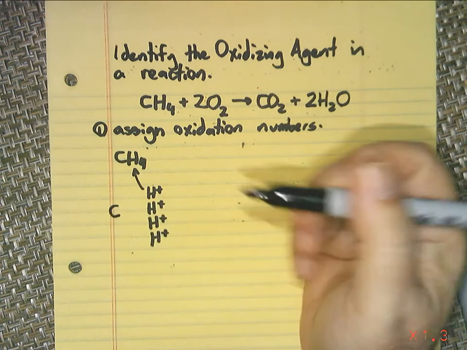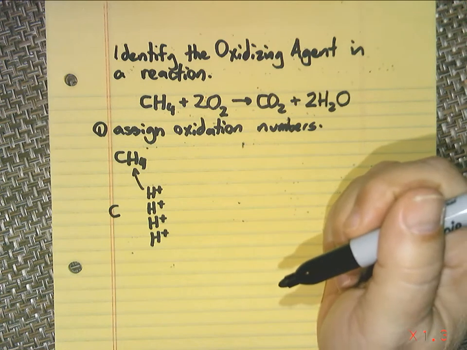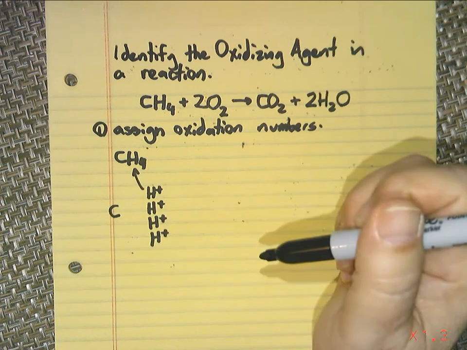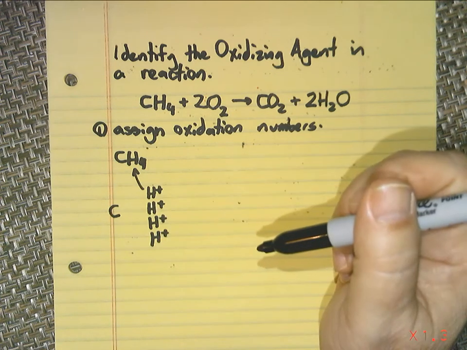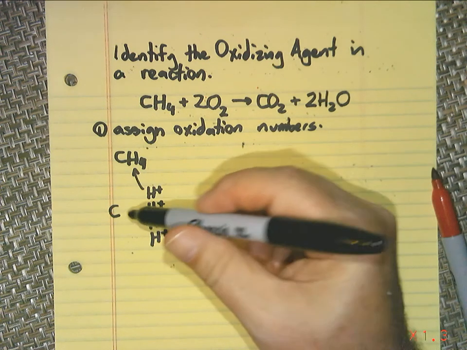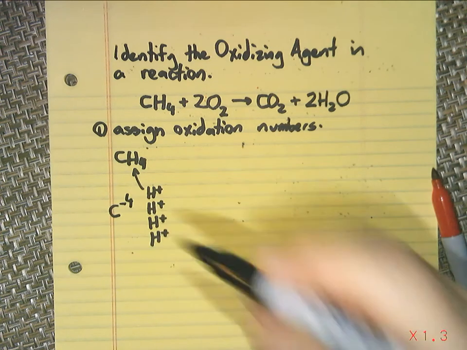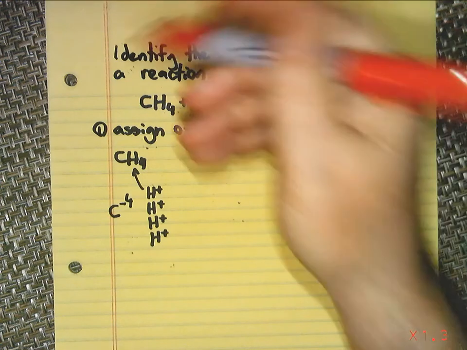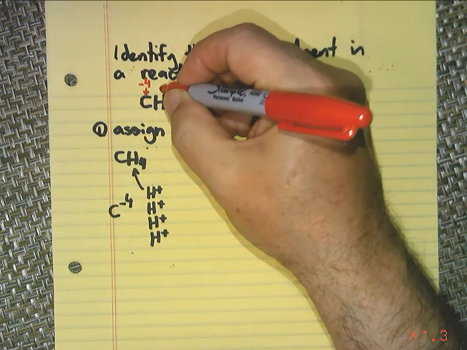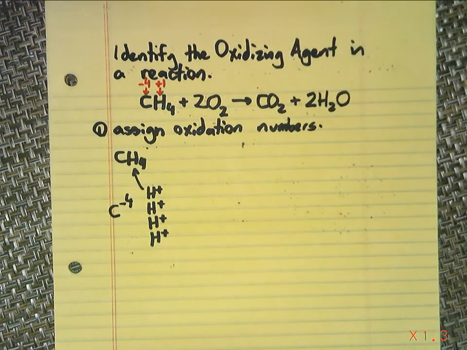Now, from rule 3, we know that all of the oxidation numbers, which are very much like charges, they're not really charges, but they act like charges, have to add up to 0. Okay, well, if we've got +4, what has to balance that off? It has to be a -4. So that means that the oxidation number for the carbon here is going to be -4. And for the hydrogen here, it's going to be +1, for each of those 4 hydrogens.